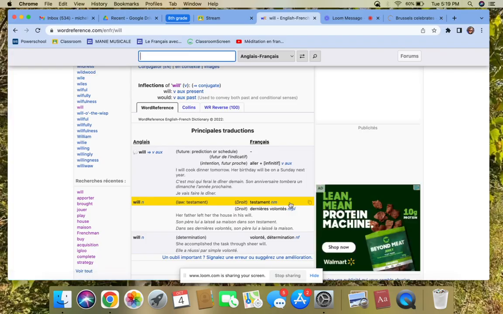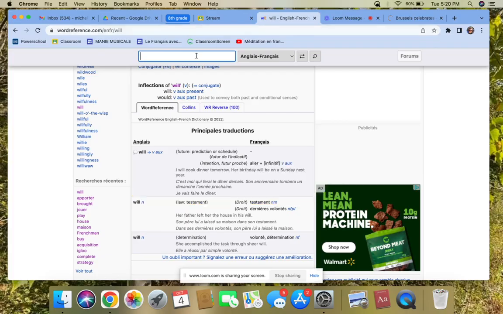Je testament apporter un cadeau or something like that. But no, this is the will that somebody writes when they want to make sure their favorite cousin gets their game with their Xbox or something when they die. It's your last will and testament. So that's not the correct word. If you notice, that's a masculine noun. So it's le testament. You wouldn't turn it into a verb.